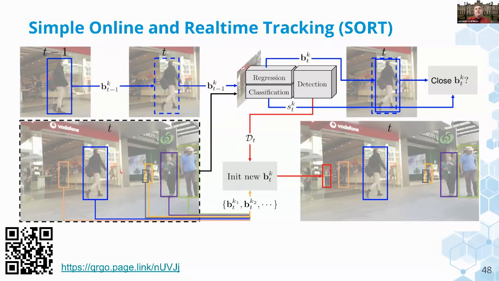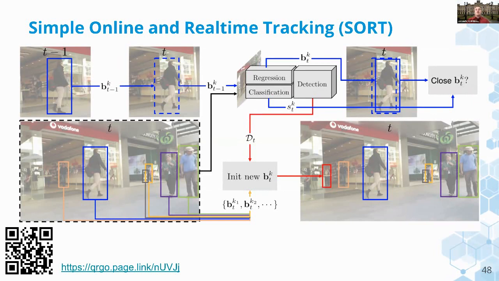So we simply apply our object detector to frame t, and we detect all the objects on this image. Then we use a Kalman filter and the history of how the trajectory of the objects changes through time.